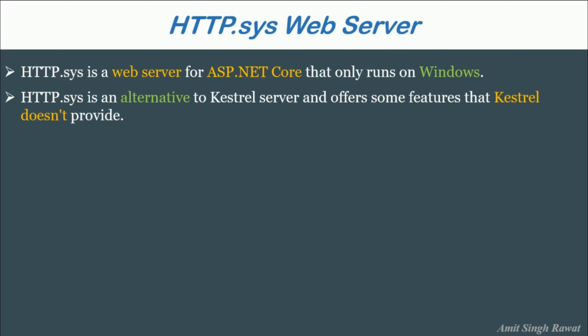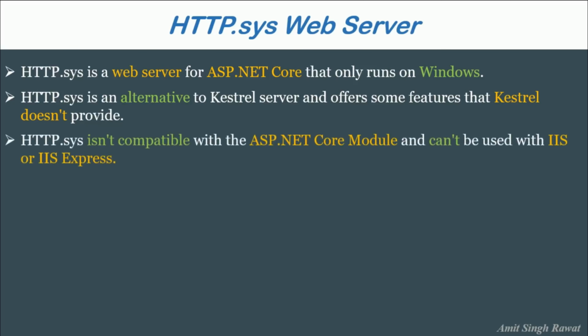Now, the important thing to note here is that HTTP.sys isn't compatible with the ASP.NET Core Module, ANCM, and can't be used with IIS or IIS Express. If you are not aware of what ANCM is, please watch part 56 of this video series. In short, ANCM is that module in IIS which is responsible to run code written in .NET Core.